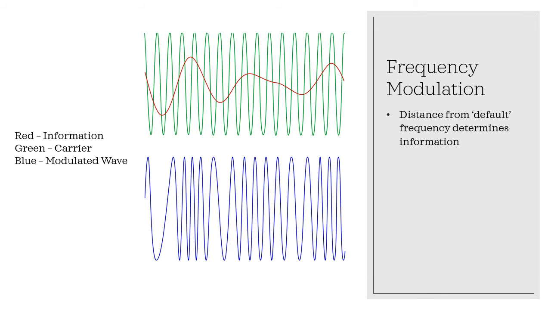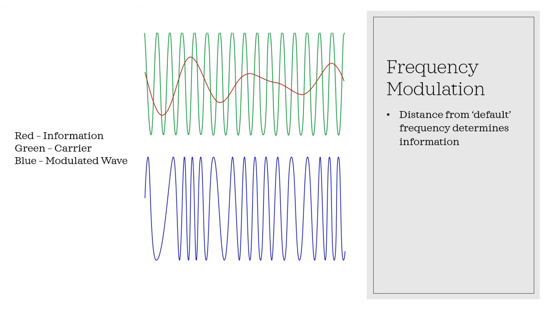And it looks something like this. We have our green line, which is the default frequency, our carrier frequency, and then we have blue, what we're actually sending out with information in it. And then red is what we would ideally get out of it when we decode it. So you see that when the blue has a lower frequency, our red information has a dip, and when it's increasing in frequency in blue, our red has an increase.